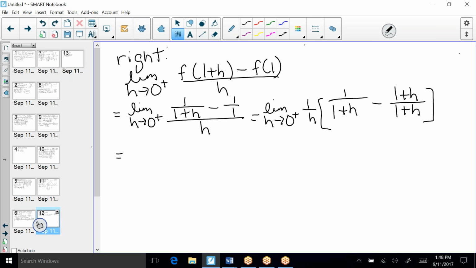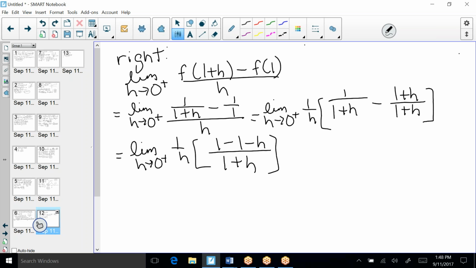Then this is the limit as h goes to 0 from the right, and we have that 1 over h. Inside the parentheses, if we do the subtraction, the denominator stays the same and we subtract the numerators, so we have 1 minus (1 plus h). Make sure to distribute that negative inside the parentheses.